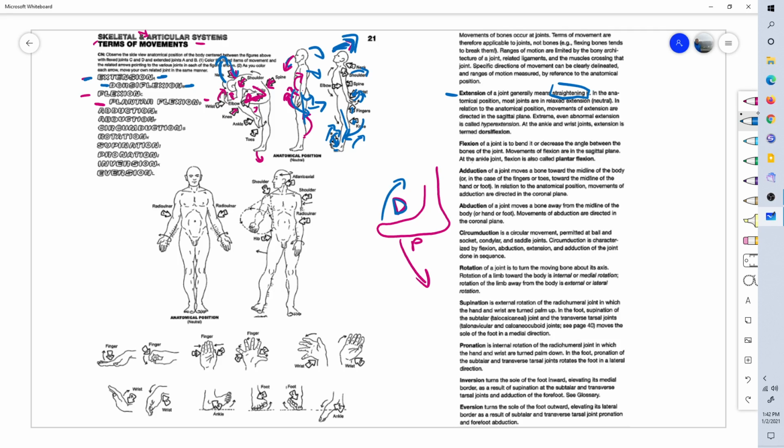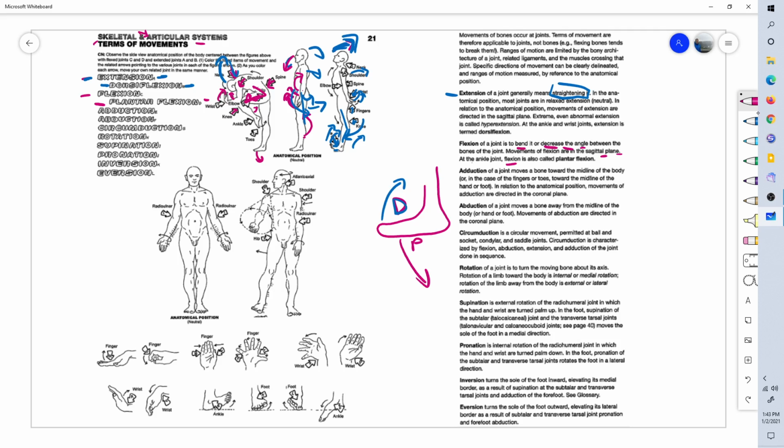So generally extension is a straightening. Flexion, as you can see, is usually a bending motion instead of a straightening motion. It decreases the angle between the bones of a joint. Movements of flexion are in the sagittal plane, as I talked about, as well as extension.